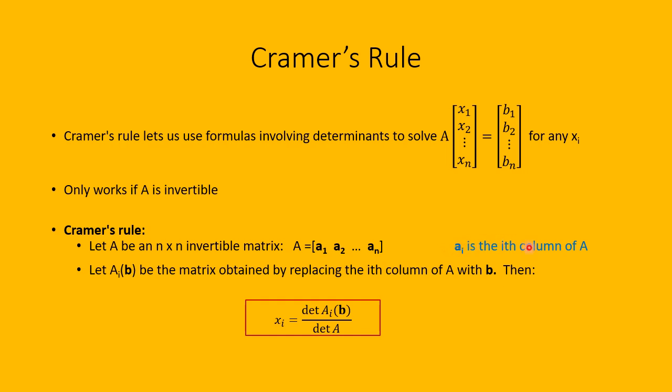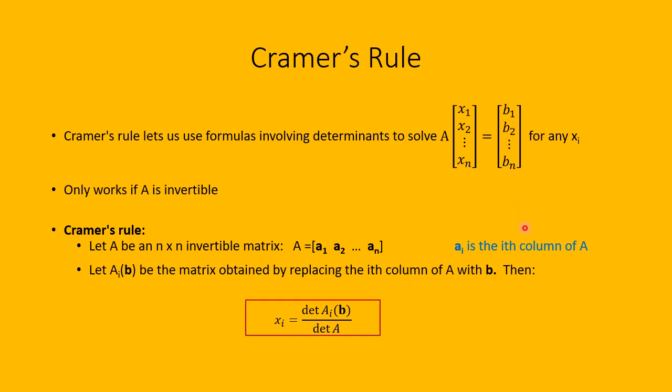So in general, A sub i is the ith column of A. Now let A sub i of b, notice this depends on an i and also a vector b, which is up here, be the matrix obtained by replacing the ith column of A with b, this column vector.